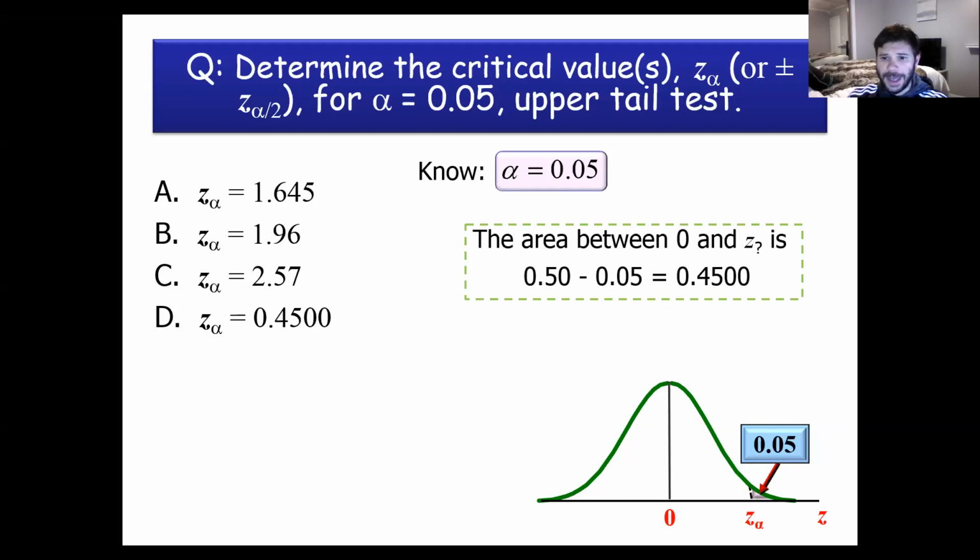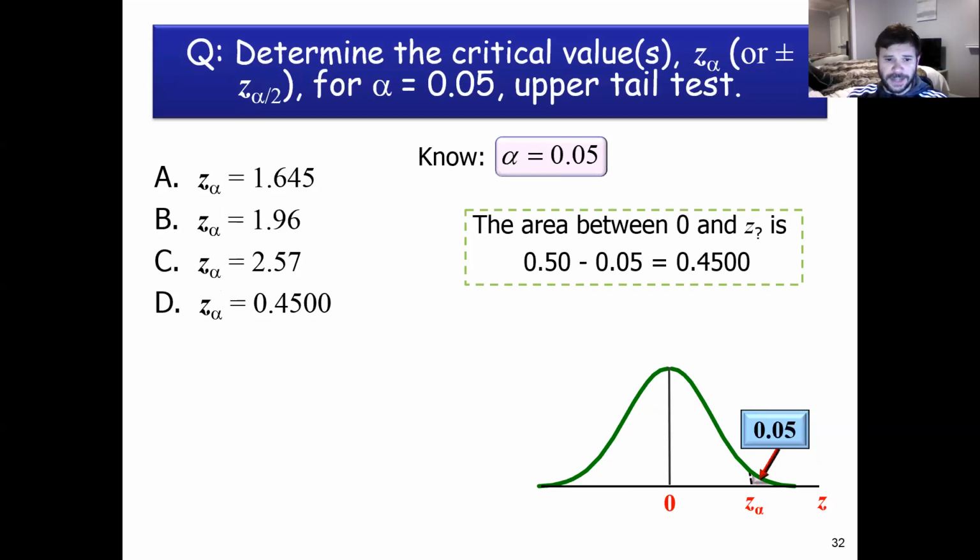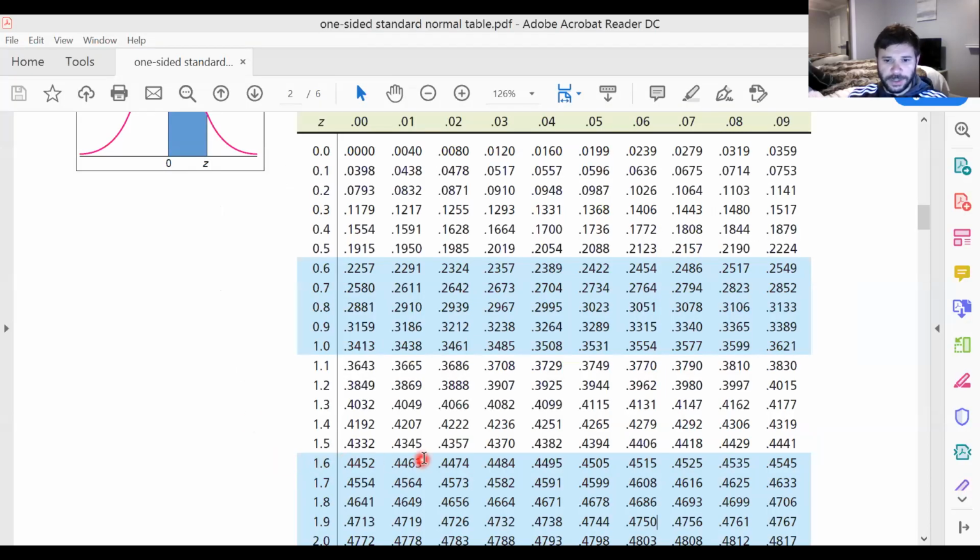And then we can go ahead and take a look at our one-sided standard normal table here. If you notice around this row 1.6, the value 0.45 isn't exactly there, but we have these two values that are on either side of 0.45 equally. They're 0.0005 above and below that value respectively.